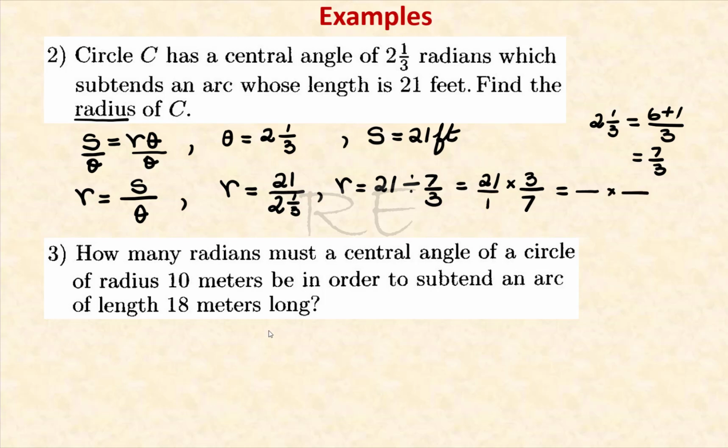And 21 divided by 7 is 3. So 3 times 3 is going to be 9. So our final answer is r equal to 9.